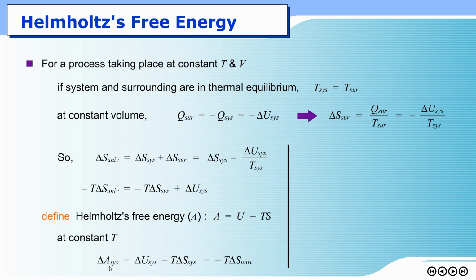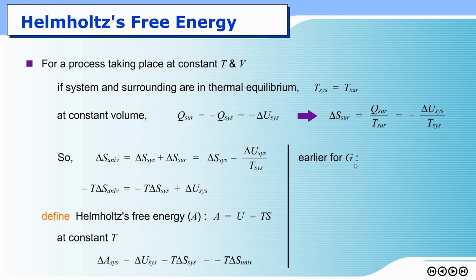The question that some of you might ask: this minus T delta U minus T delta S of the universe was the same as what we did earlier. Okay? For spontaneous change, delta S of the universe is greater than 0, so you can use delta A smaller than 0 to determine whether the process is spontaneous or not. Okay?